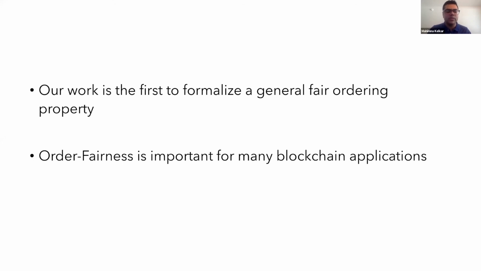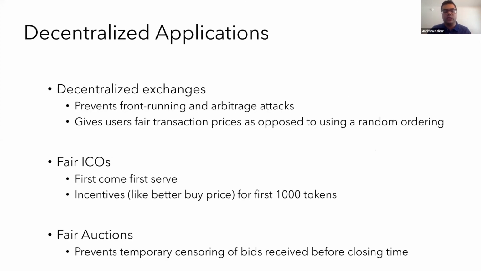Some of the problems that we hope to tackle are with regards to efficiency of our designs, because right now they're bulky in that they're general compilers from any consensus protocol. So can we do things more efficiently and still get the notion of fair ordering? So basically, fair ordering, I think, is very important for a lot of blockchain applications, and I can describe just a few to sum up.